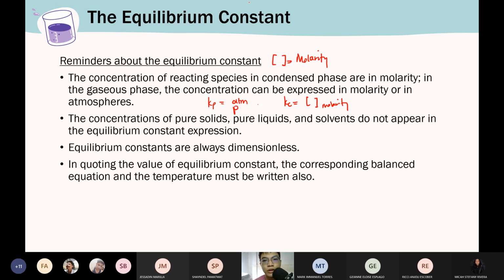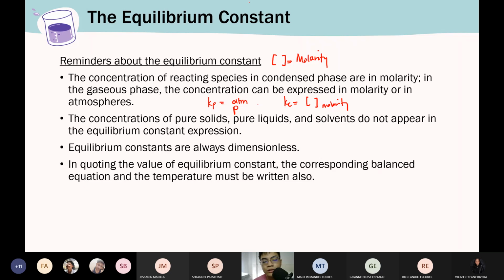For example, in the spoilage of food, meron yung corresponding K. Kapag mainit, ano nangyayari? Mabilis mapanis yung food. But if you put your food in the refrigerator, the spoilage slows down. Okay? So, yun yung pinaka-relationship ng temperature with the equilibrium constant. At higher temperature, our K becomes greater, meaning bumibilis yung reaction.